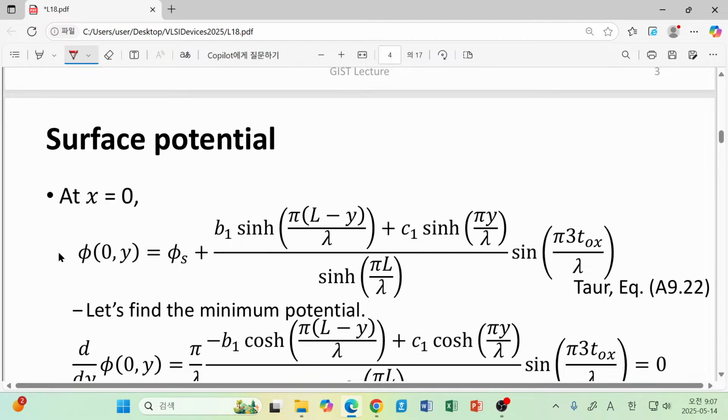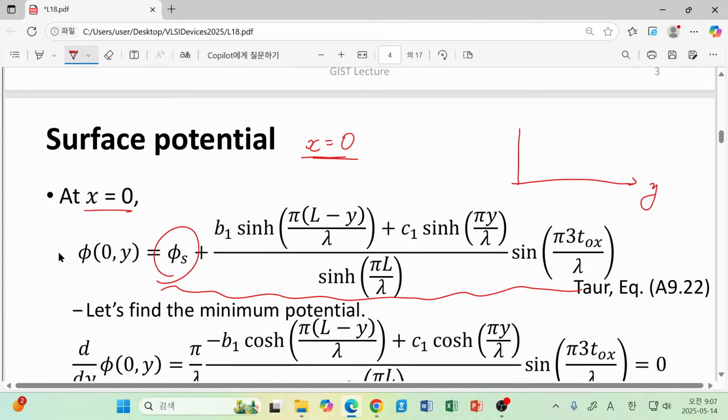Surface potential means the vertical position should be at the interface, so we can just insert x equal to 0. Then we have this simple expression. This is a constant value as a function of y, corresponding to our long channel MOS case.